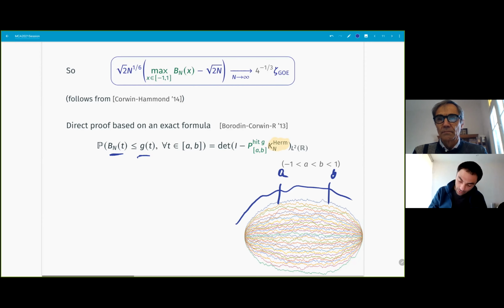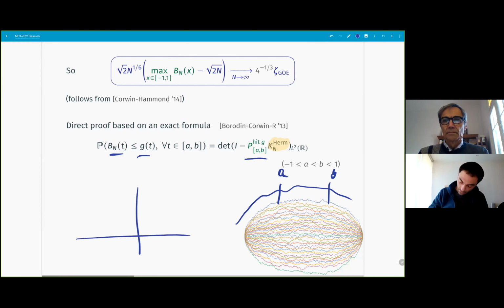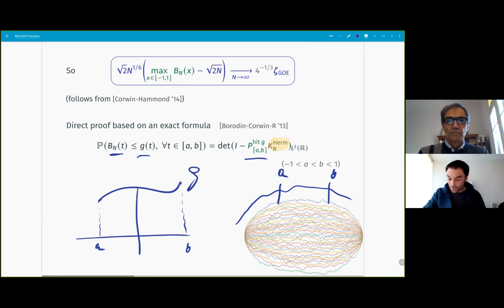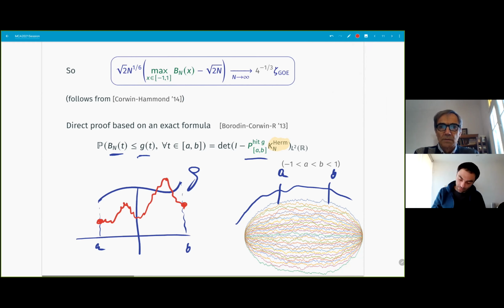But the important part is this operator P hit. I'm going to tell you what this operator P hit is. You have your function g up here, and then I go from a to b. What I do is run a Brownian motion from a to b, and I ask: starting from x, what's the probability that at time b I'm at y, and that I have hit this function g?